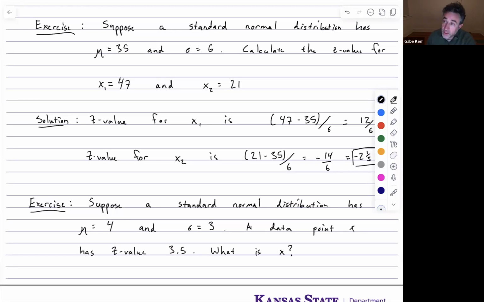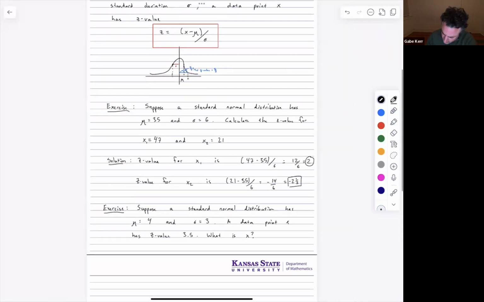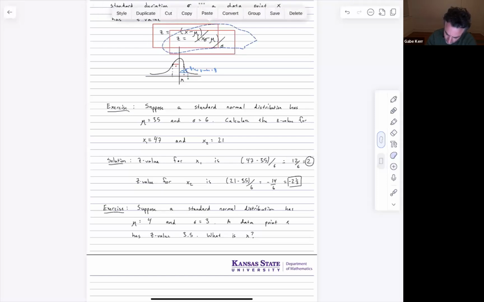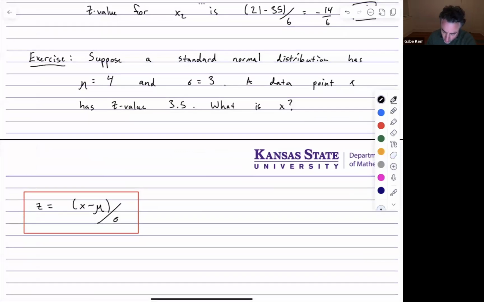Okay, so if you're in this kind of situation, you again go ahead and use that formula that was written above. So I'm going to copy this formula and bring it here. Whenever you're in a situation like this, you want to just fill in all of the things you know, and then see if you can solve for what you don't know.